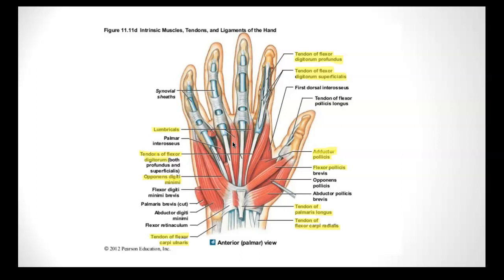And then we have the other set of muscles known as the palmar interossei. What do you think the palmar interossei do? Anybody want to tell me? Based on their positioning. So let me identify them for you. Palmar interossei, right here. Palmar interosseus.